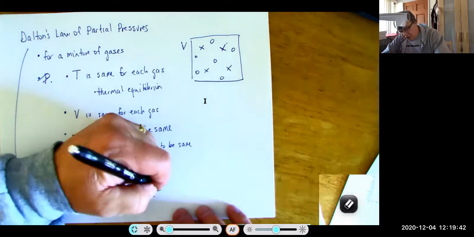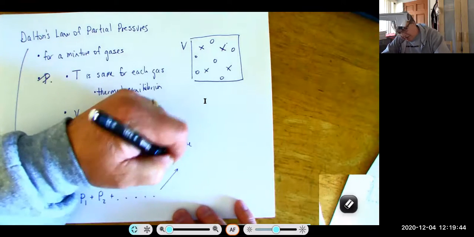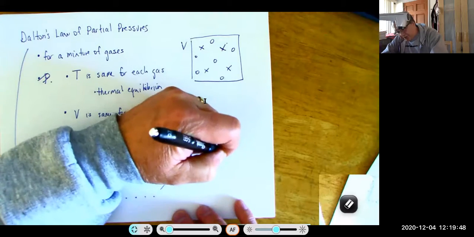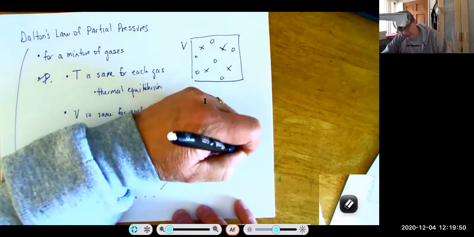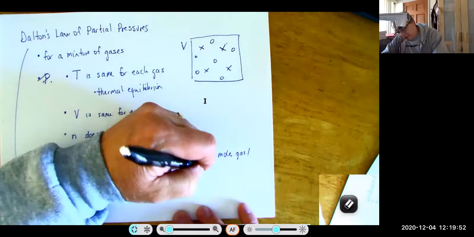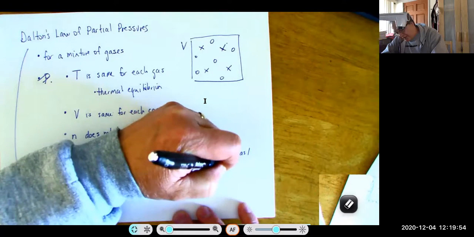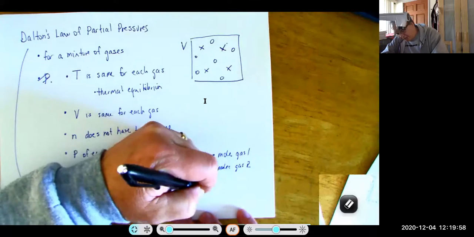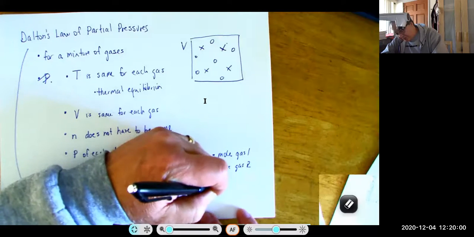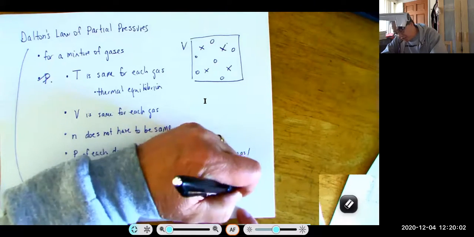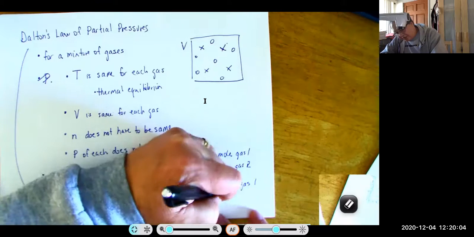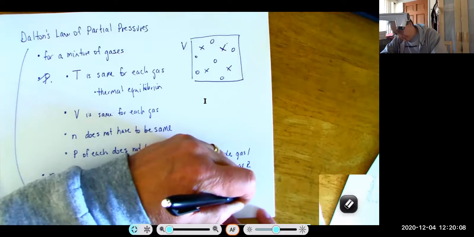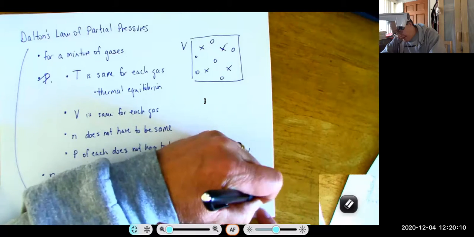And this is where N1 is equal to the moles of gas 1, N2 is equal to the moles of gas 2, P1 is equal to the pressure of gas 1, and we call this the partial pressure of gas 1.